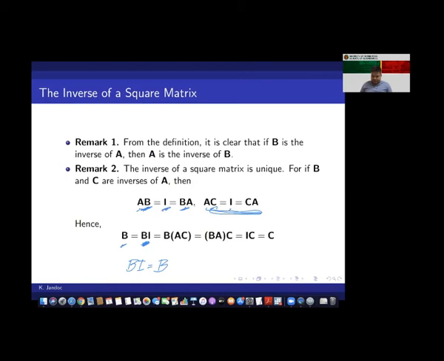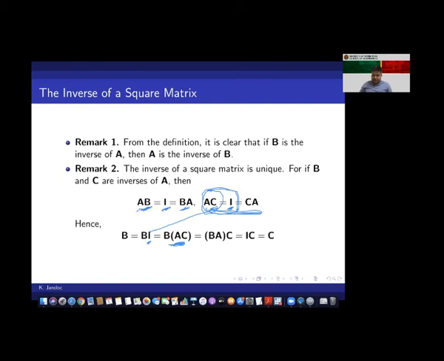So this statement is true: B is equal to B multiplied by the identity matrix. But then the identity matrix, by assumption, is equal to AC from this part. So we just substitute I with this one. Therefore, this is the AC over here.